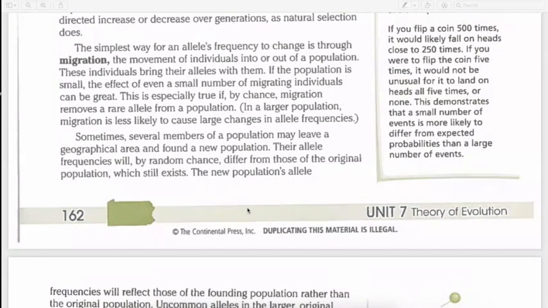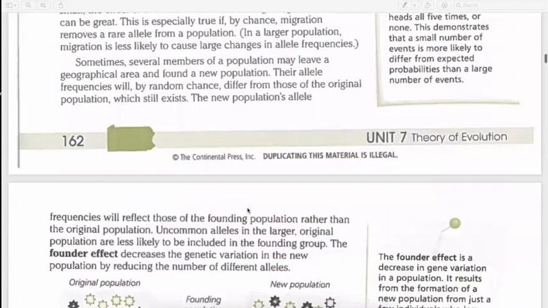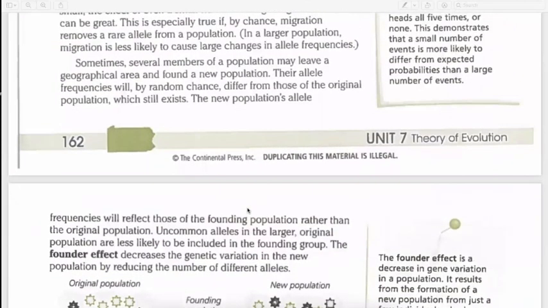Sometimes several members of a population may leave a geographic area and found a new population, meaning they didn't enter a new population. They left one, but they couldn't find a new one to enter. So they make their own. Their allele frequencies will, by random chance, differ from those of the original population.